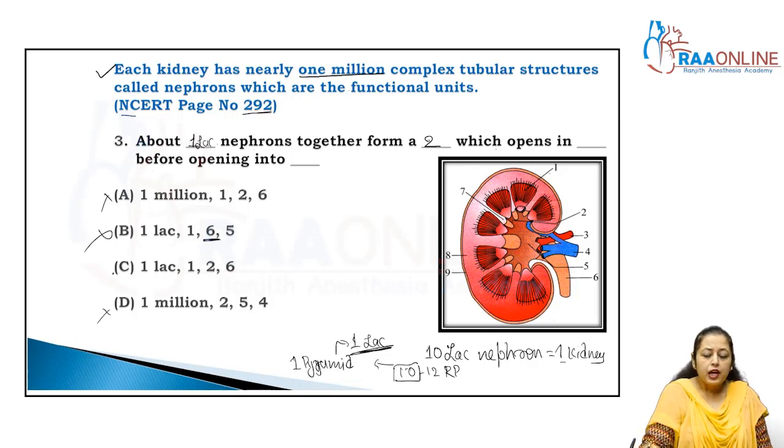So simple. And after that, that calyx opens into that particular part, the ureter, before opening into another structure. So the answer is C.